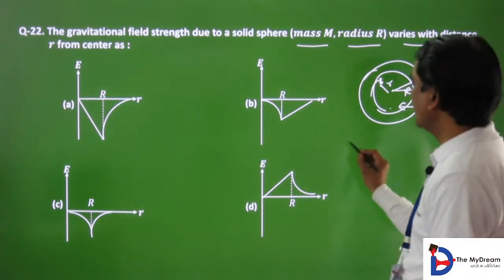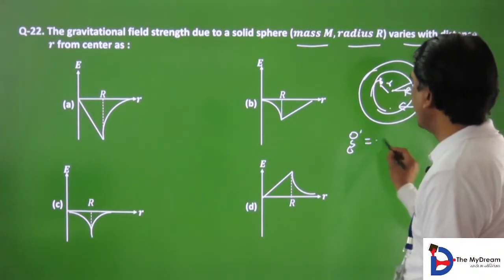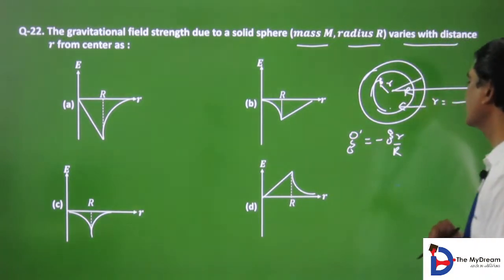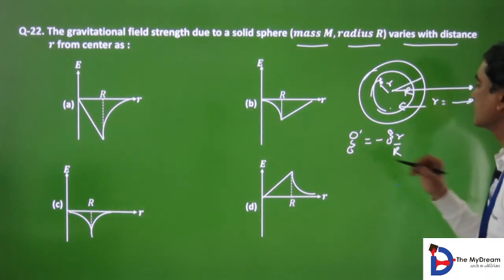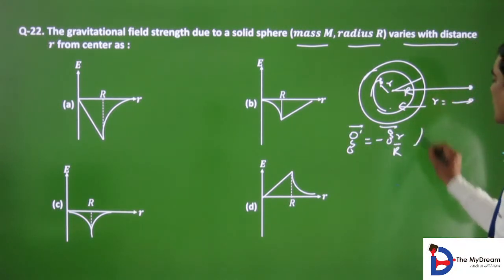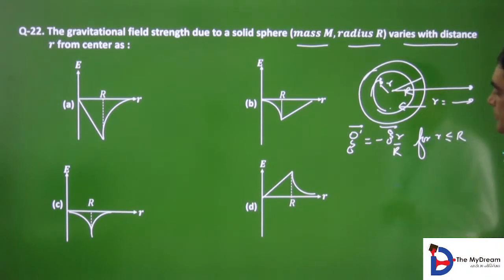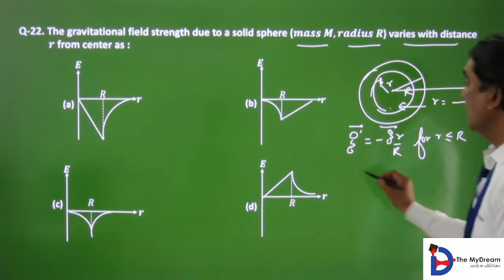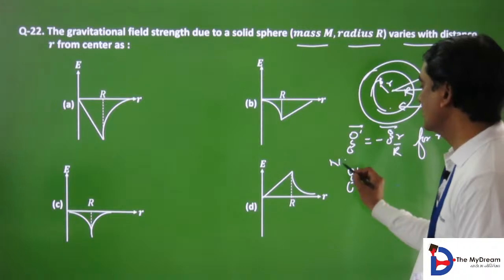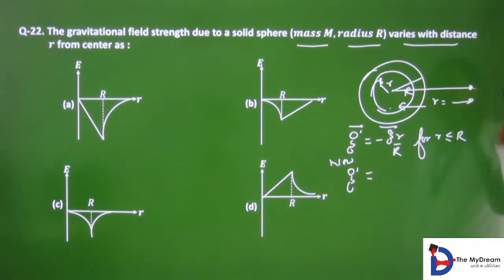So gravity G dash is given by GMr upon R cube, for r very much smaller than R. Now G dash, you want to discuss the gravity at this point.